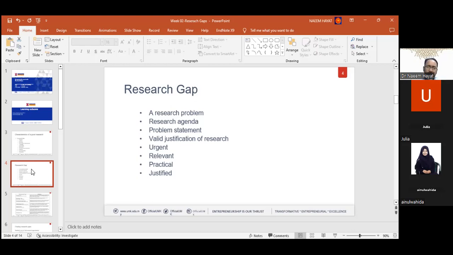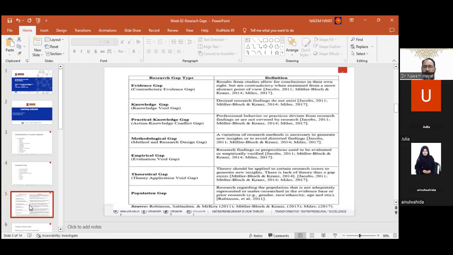Then we talk about the types of research gap. Normally we have seven kinds of research gap available in the literature, and normally we can find from reading articles or the literature that these are some of the gaps available for any specific topic on which we can build our research. Evidence gap, contradictory evidence gap.